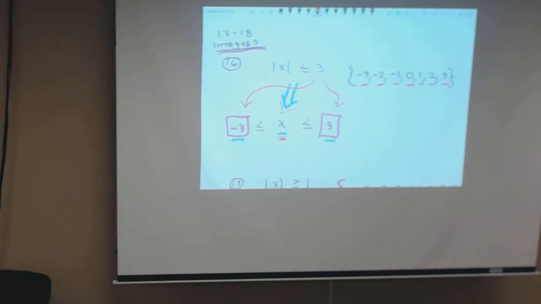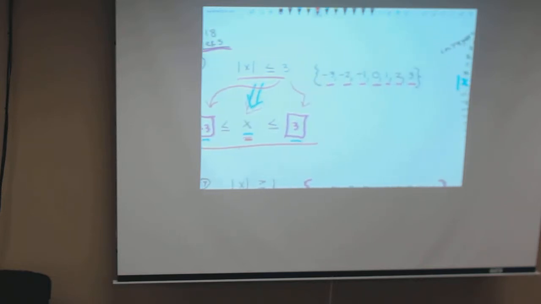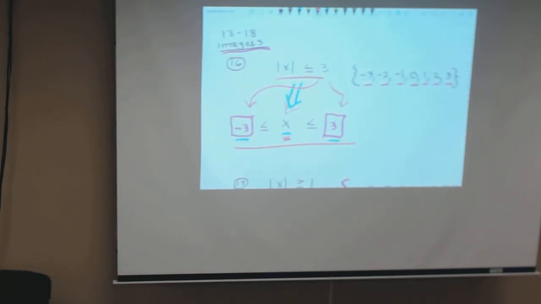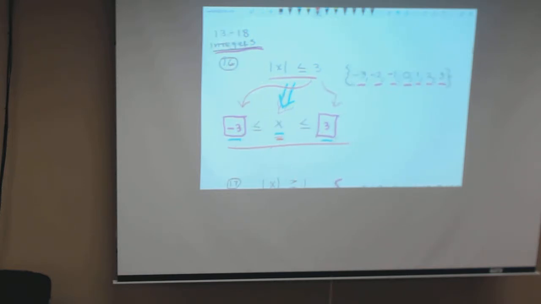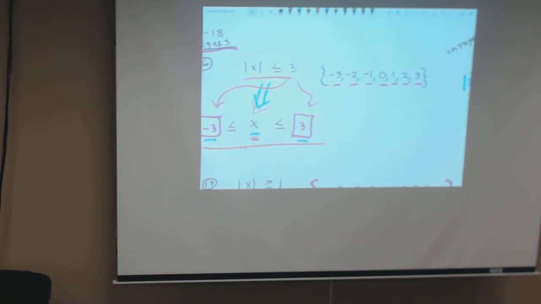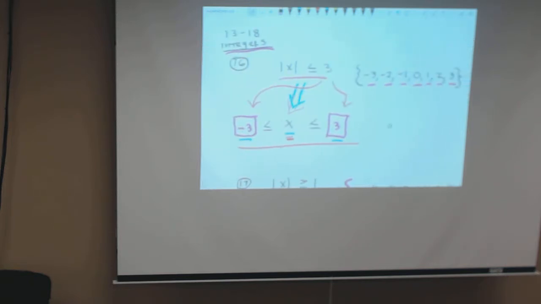So whenever you see this with an inequality sign, you go, I take all of this and write it like all of this. Every time. And if I do that, then if x is between -3 and 3, inclusive because it equals to, then what did they say to do for this problem, number 16?